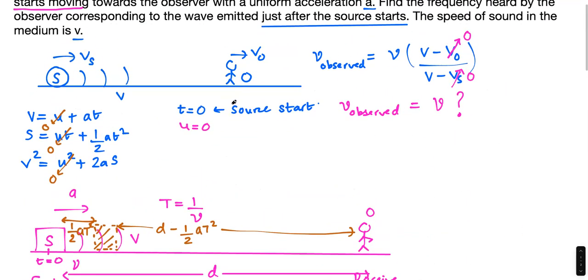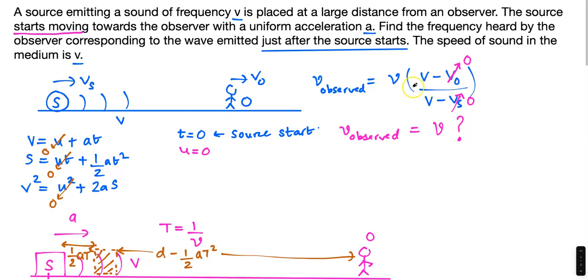This standard expression for Doppler effect applies to almost all of the standard problems, right? Why did it not work all of a sudden? Well, the reason it didn't work is that this expression for the observed frequency was derived under the assumption that the source and the observer are moving with constant velocities, right?